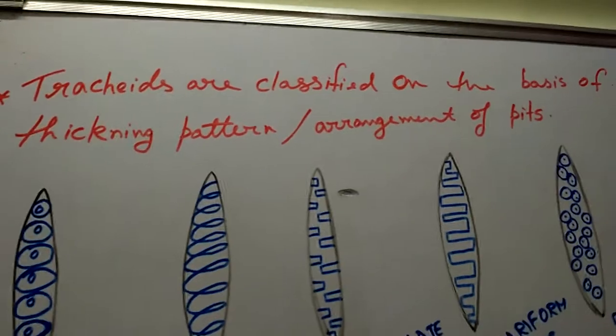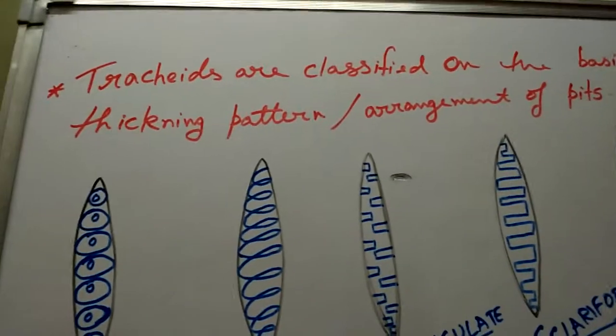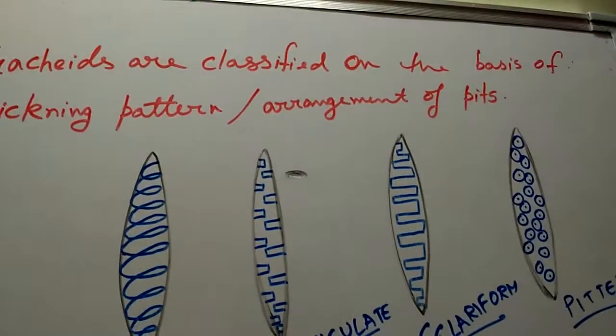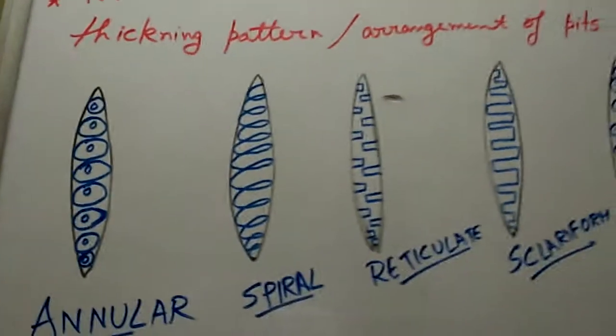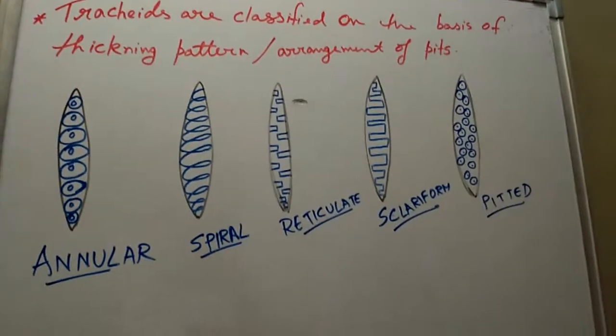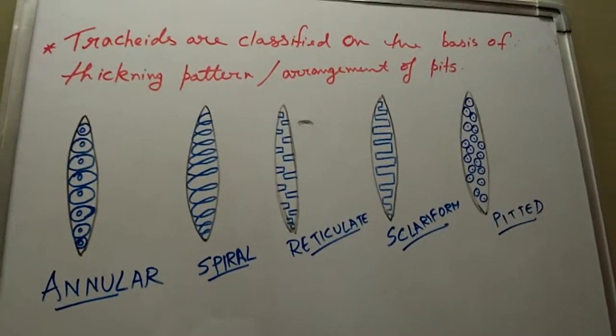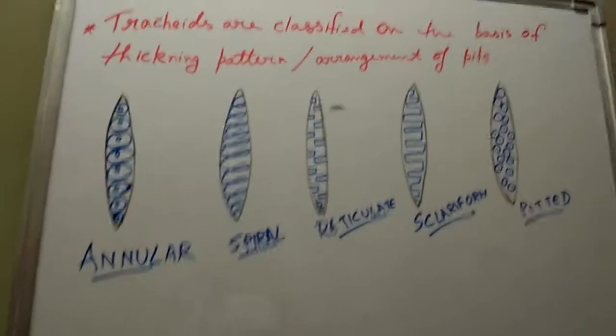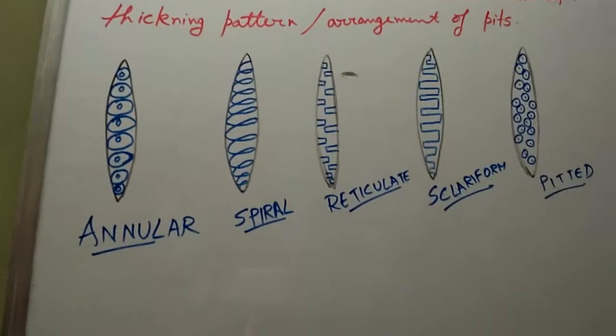So tracheids are classified on the basis of thickening pattern or arrangement of pits. Here are 5 basic types of tracheids, and I have drawn the diagrams as well.